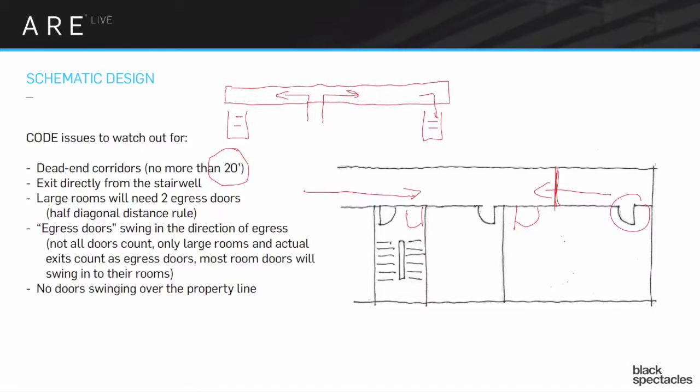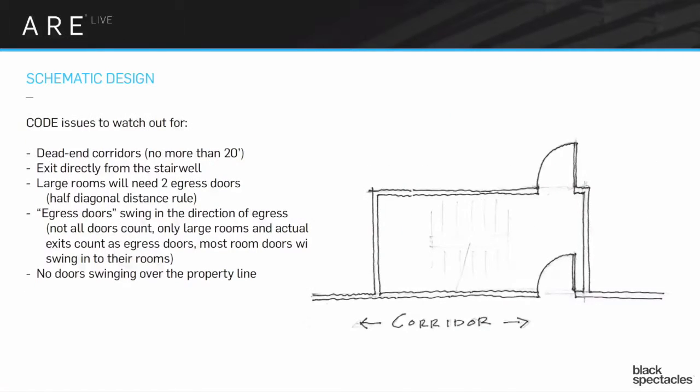Another code issue you're going to find is this idea that they really like the fact that you exit straight from the stairwell. So on the ground floor, people from the corridor on the first floor are going to be able to exit through the stair and then go straight to the outside.